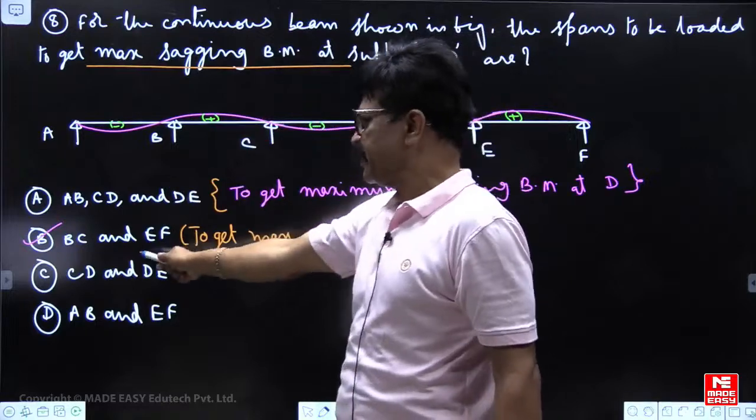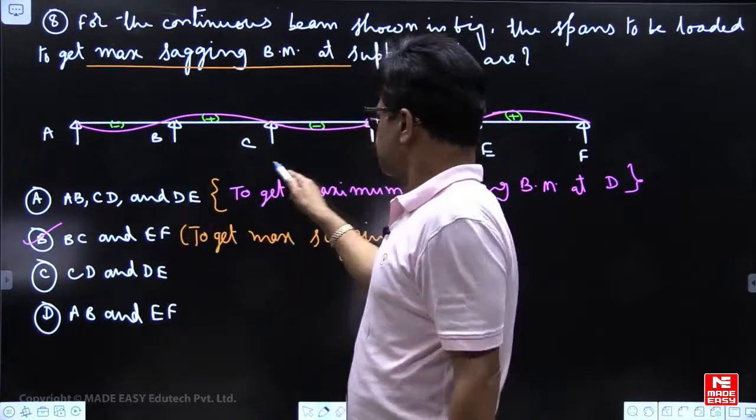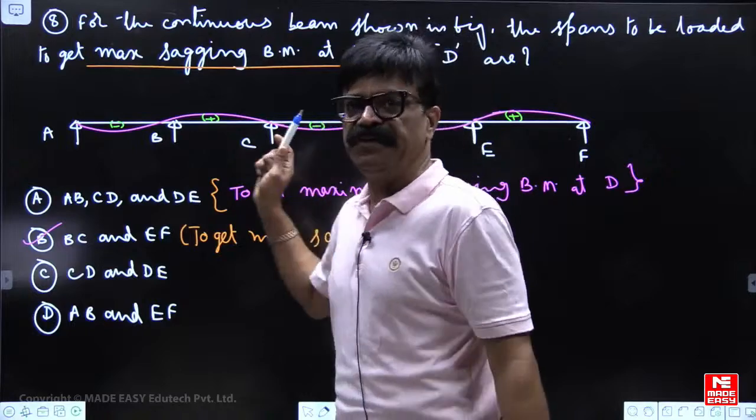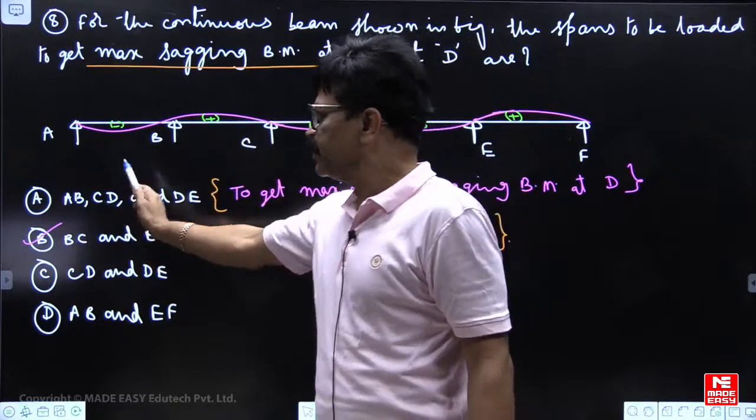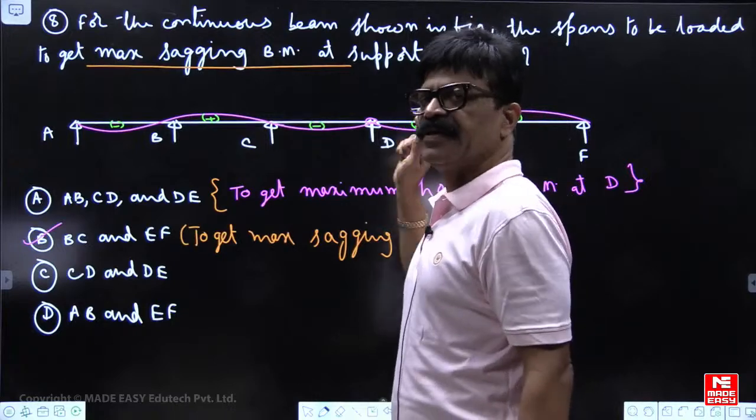Here I have given sagging, so BCEF. If they ask for maximum hogging bending moment, which spans to be loaded: AB, CD, DE, you will get maximum hogging bending moment.